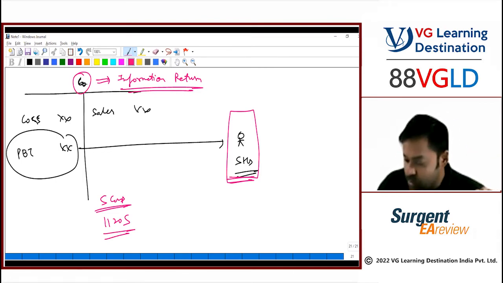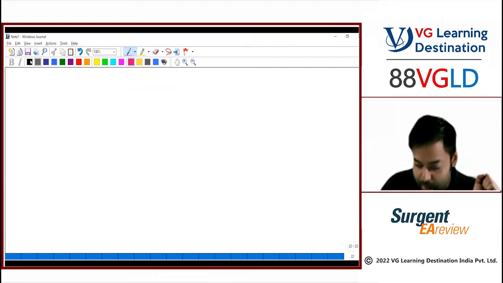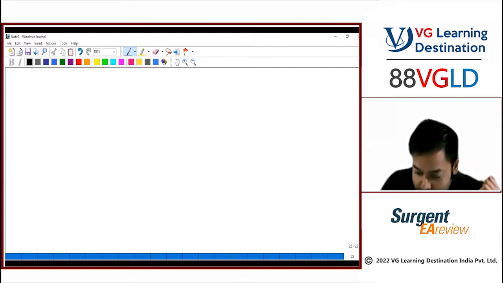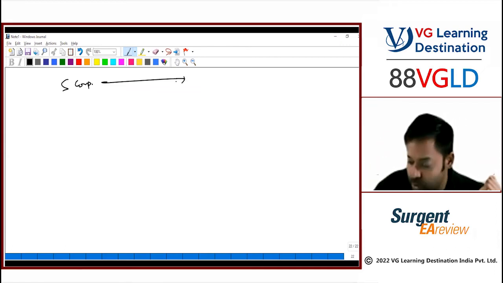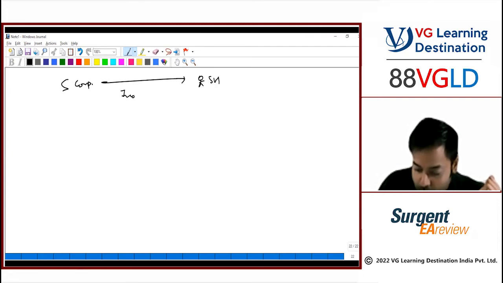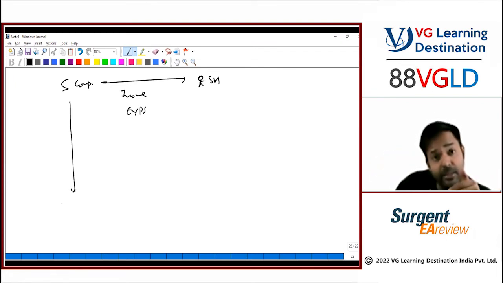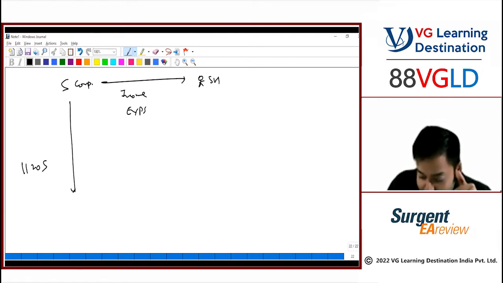Okay, so understand what happens in this case, so that you understand why the IRS is specifically asking you this. This is the S corporation. The S corporation says, take everything to the shareholder, take all the income, take all the expenses. This is what the S corporation is reporting in its return, 1120S, to the IRS.